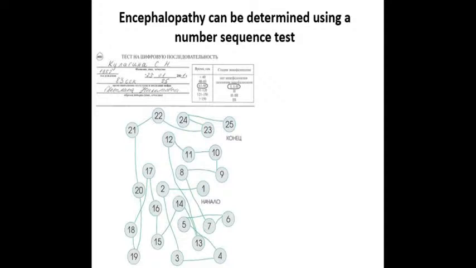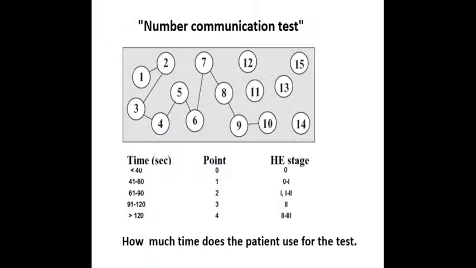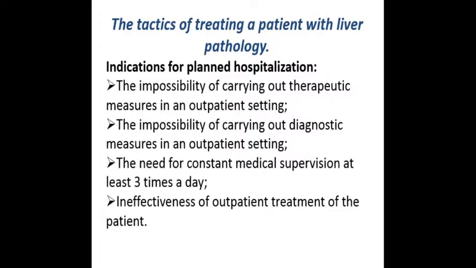And then we can determine the degree of encephalopathy in this patient. By how much time the patient uses for this number communication test, we can determine the stage of this patient's encephalopathy.